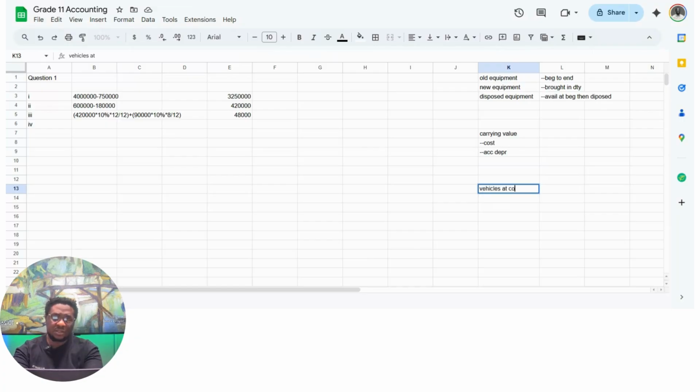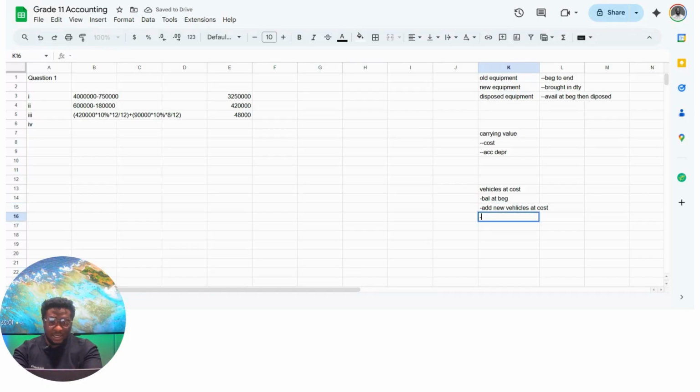So we're going to say vehicles at cost, and then we're going to have balance at beginning, right? And then we're going to add new vehicles, and you are adding these vehicles at cost. So we're doing everything at cost here.